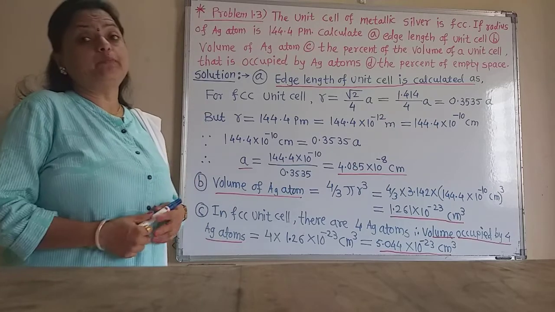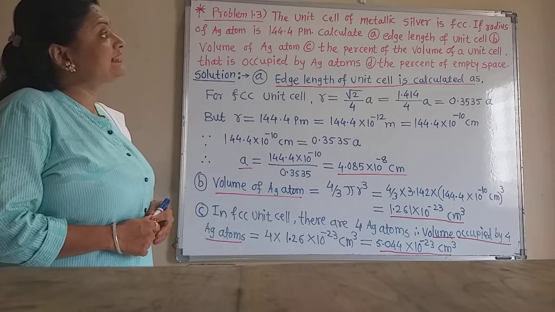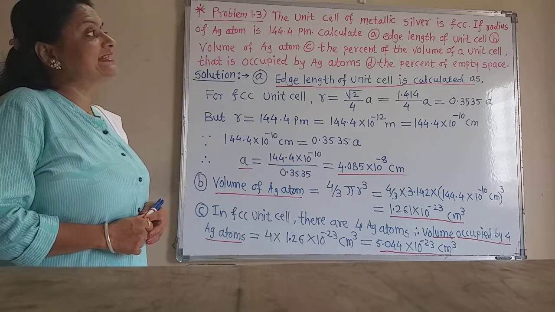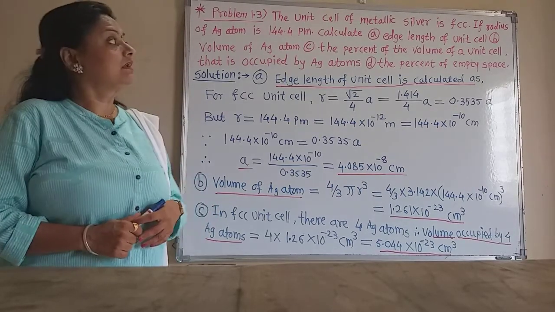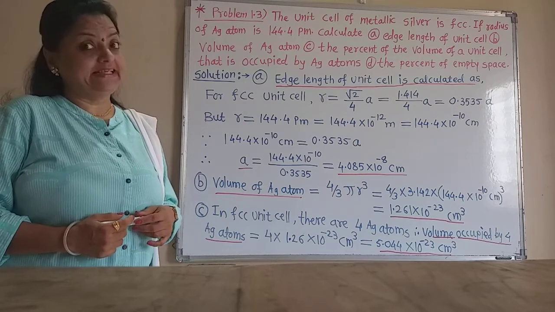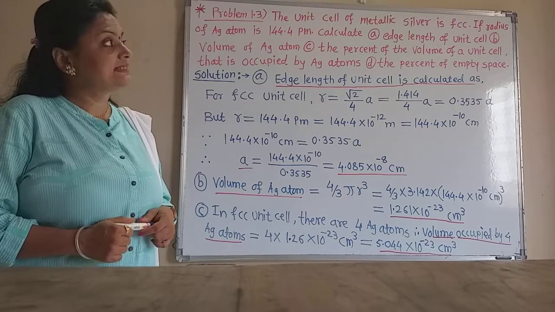What is in that problem? The unit cell of metallic silver is FCC. That means the metallic silver unit cell is of the FCC type, face centered cubic cell.